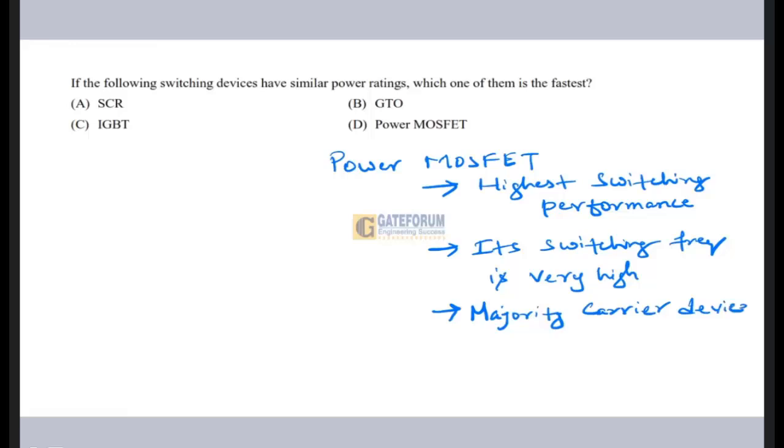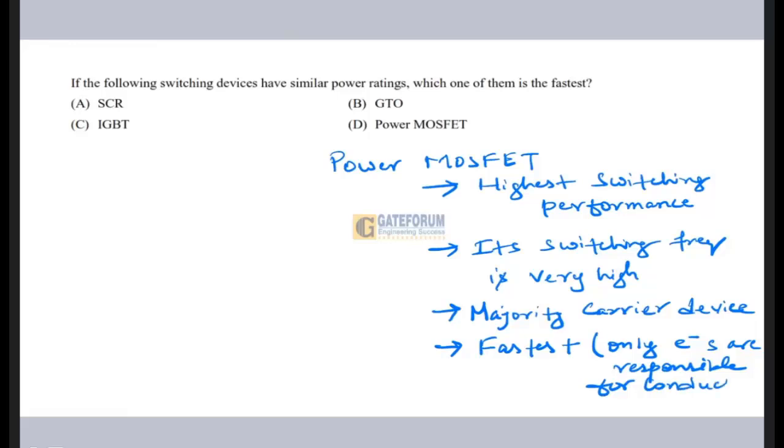That means only the electrons are responsible for conduction here, and that is the reason it is fastest, because out of electrons and holes, only electrons are responsible for conduction. So power MOSFET is the correct answer here.